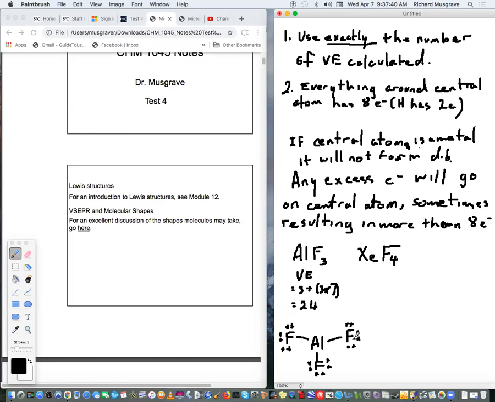And that would mean that we've used up 24. But because this is a metal, we don't form a double bond in order to give the aluminum 8 electrons. We just leave it the way it is. Okay, so this is different to what we had done in the past. In the past, all we've really done here is had non-metals as a central element. In that case, we had to form a double bond. Does anybody have any questions so far?